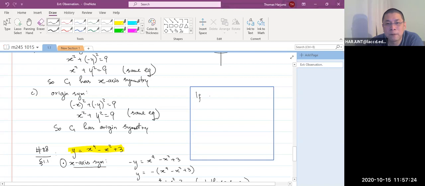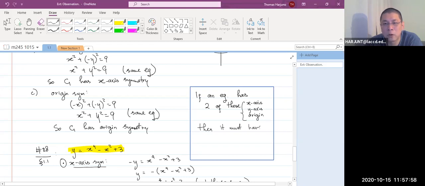If an equation has two of these, x-axis symmetry, y-axis symmetry, or origin symmetry, then it must have all three.